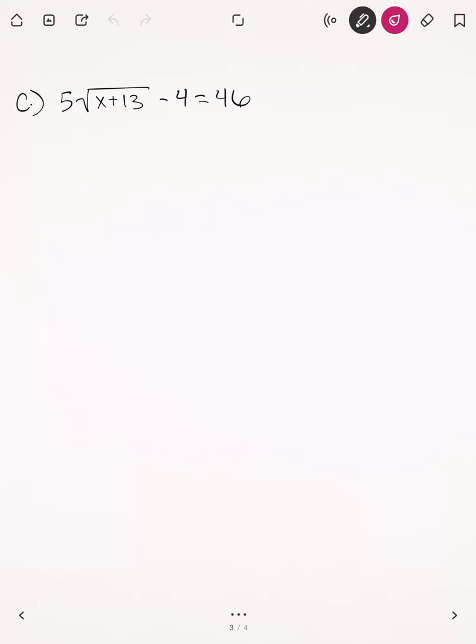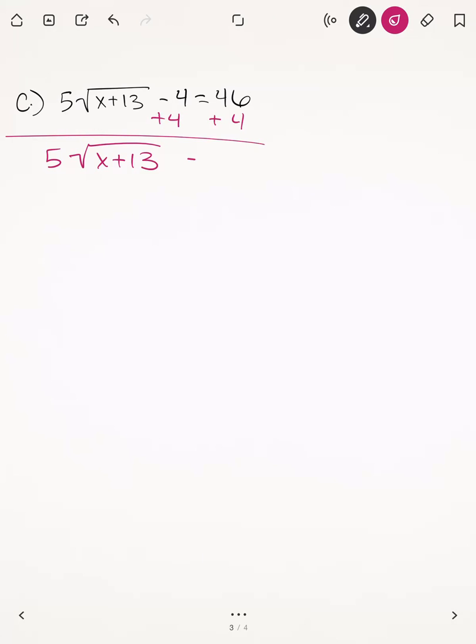Moving on to example C. I have 5 times the square root of x plus 13 minus 4 equals 46. From here, I want to do the opposite of PEMDAS, meaning I want to add or subtract first, and then multiply and divide if I can. So I want to move this 4 over first. I see a lot of people that don't like doing that. It makes it more complicated.